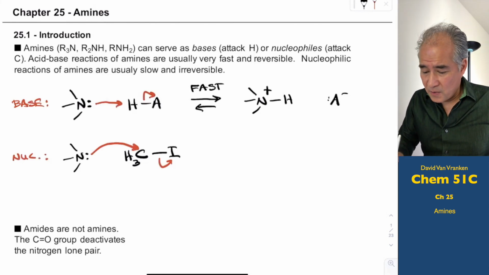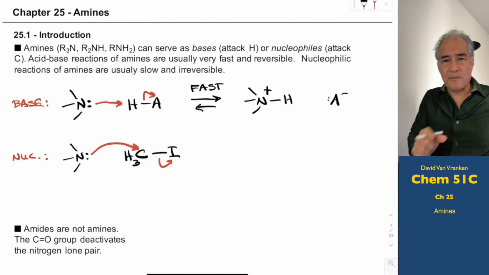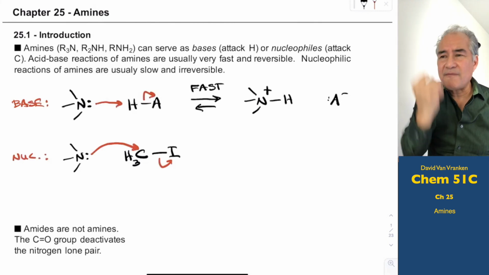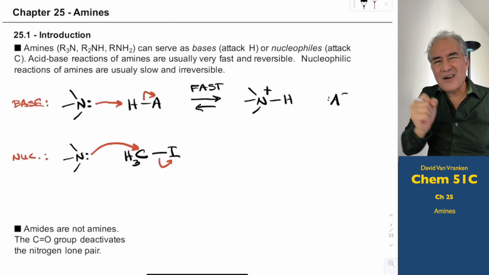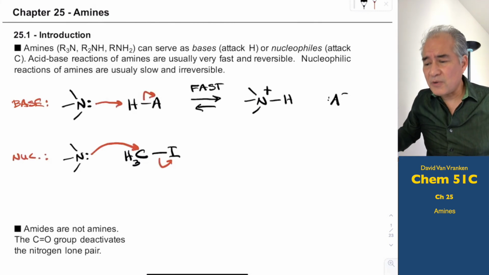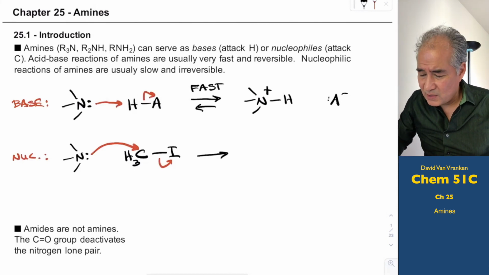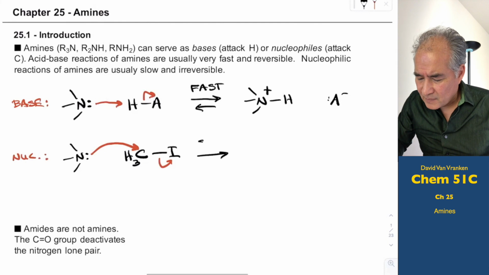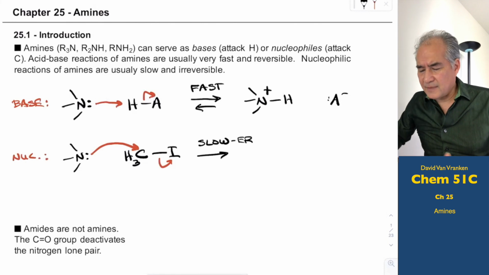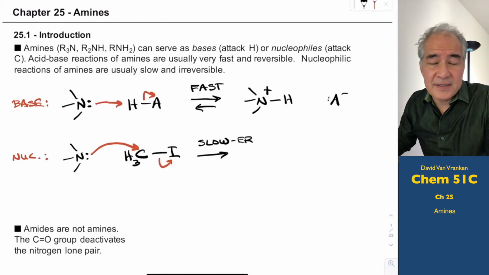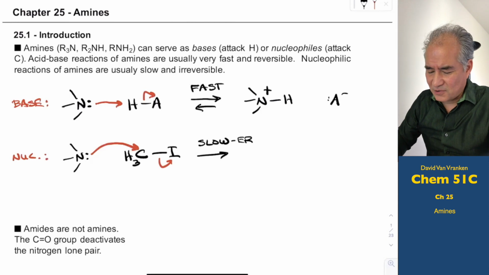Now down below, when you attack carbon atoms, bonds to protons vibrate very quickly. Bonds to carbon slowly. It's slow to form bonds to carbon. It's slow to do SN2 reactions. And so when you attack carbon with an amine, relative to slow, and I should write slow, it can be relatively fast in some cases, but nothing like a proton transfer.